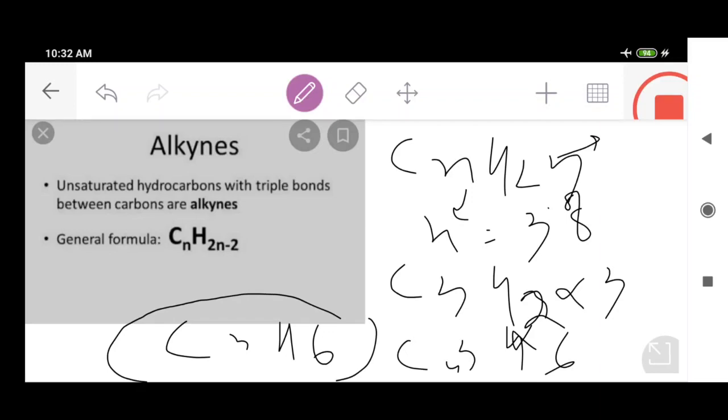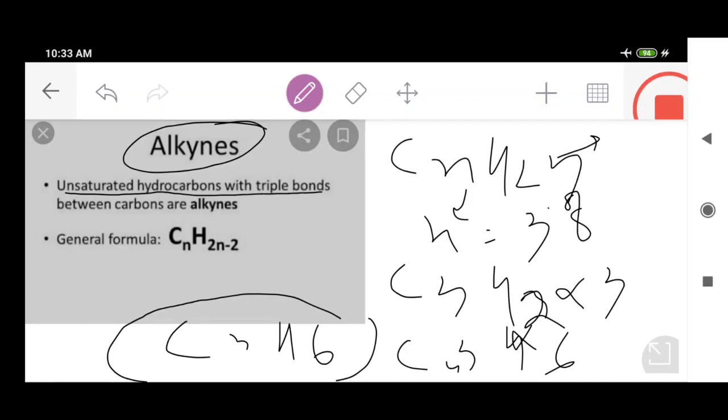As far as today's topic is concerned, we have to discuss one more important unsaturated hydrocarbon, that's alkynes. Firstly, you must remember that somebody will pose you the question: what are alkynes? These are actually unsaturated hydrocarbons.